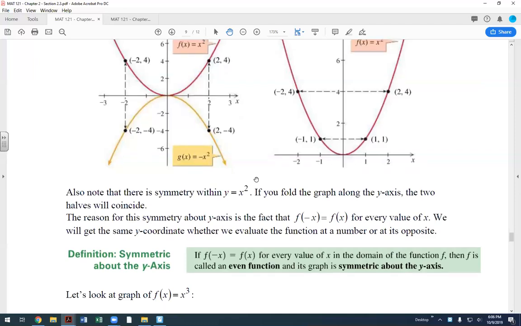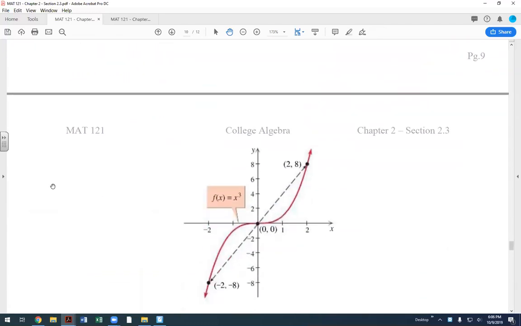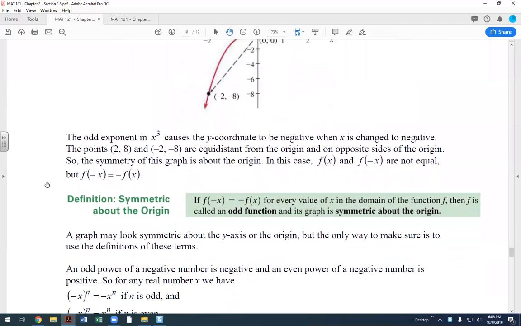So functions that have symmetry about the y-axis are what we call even functions. And I'll talk about this in a minute, but we're basically saying if you substitute your x with a negative x, you should still end up getting the original function. And this only happens if your function is an even function, okay? Odd functions, something like x to the third, will have symmetry about the origin.